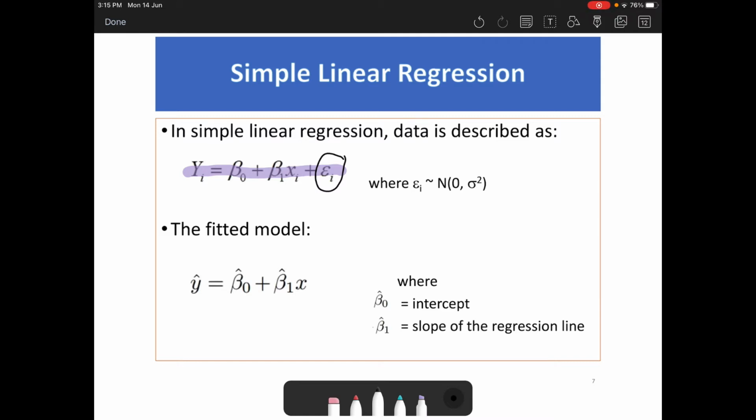So the distance is also called the error because that's how far off the observed value is from the best fit line. So the fitted model, we have y hat equals beta naught hat plus beta 1 hat x. Okay, so this is similar to y equals mx plus c, where beta naught hat is the intercept and beta 1 hat is the slope of the regression line.